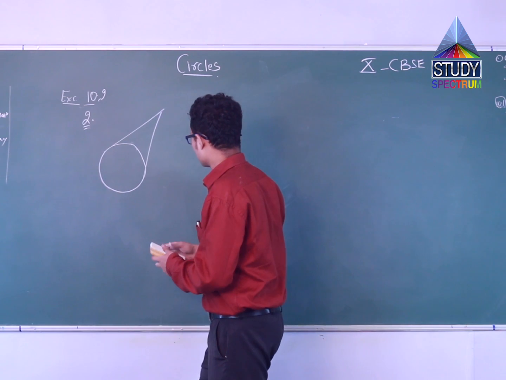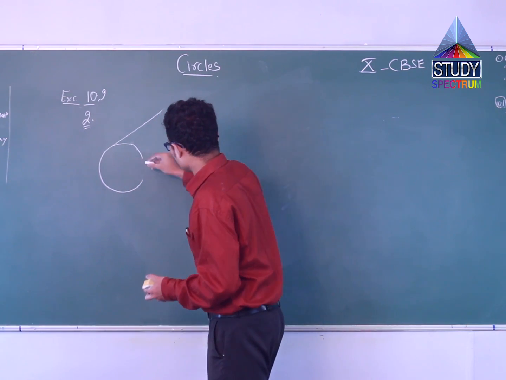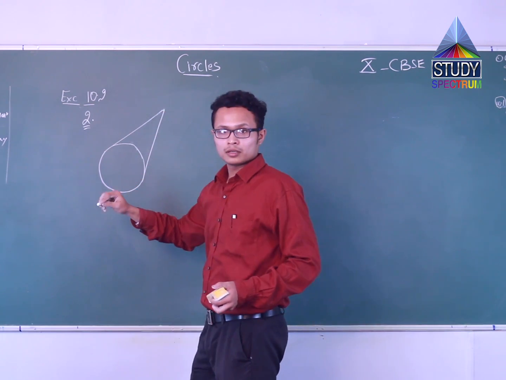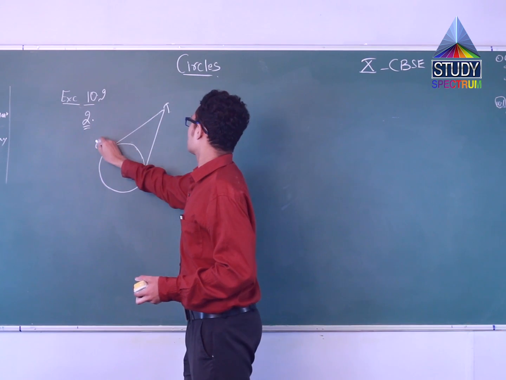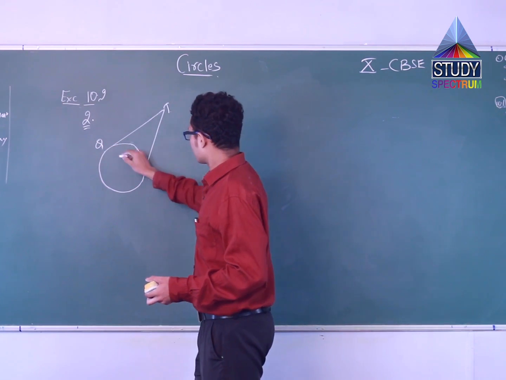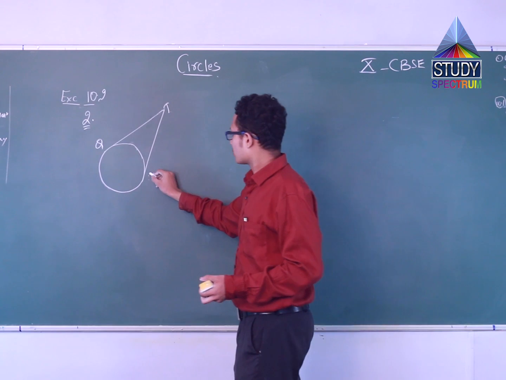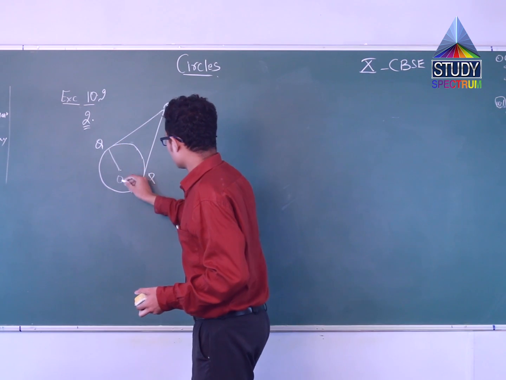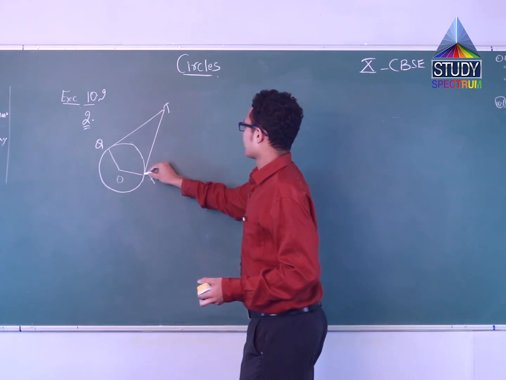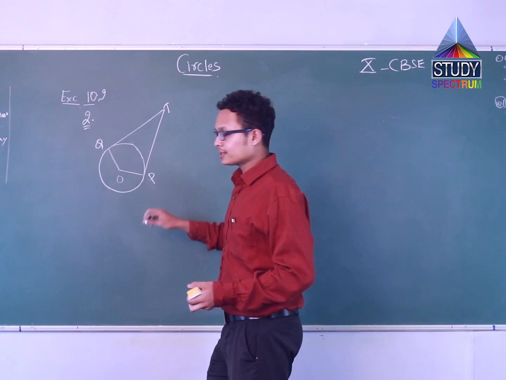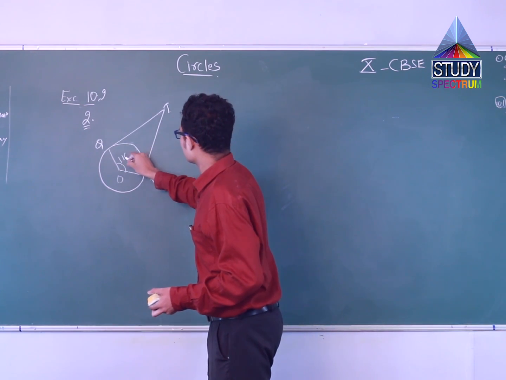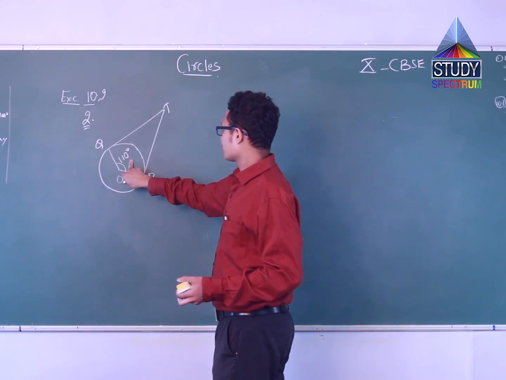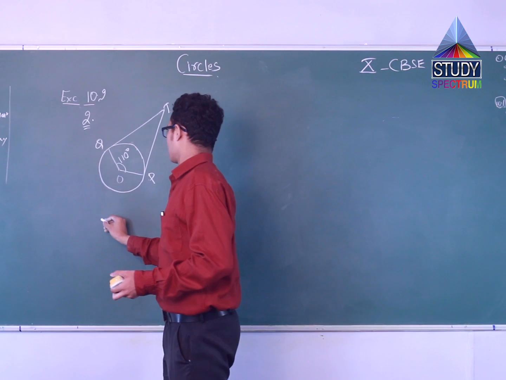This is the diagram. Points P, Q, and T. Let me indicate this center as O. I am going to join these points, and this angle is given as 110 degrees. In the textbook, this angle is given as 110 degrees, and you are asked to find angle PTQ.